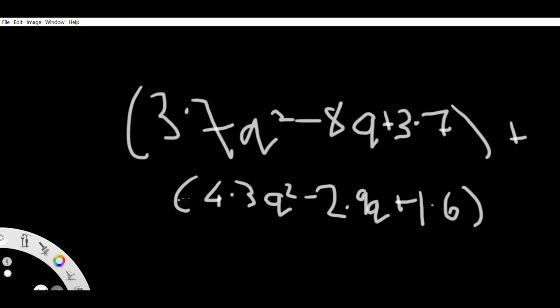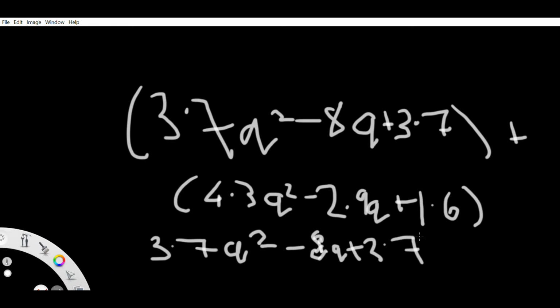So instead it would just become, so all of this will just become 3.7q squared minus 8q plus 3.7, and then plus 4.3q squared minus 2.9q plus 1.6.